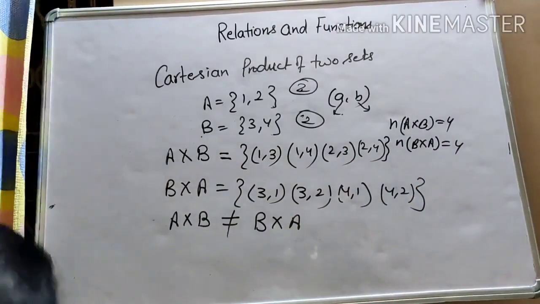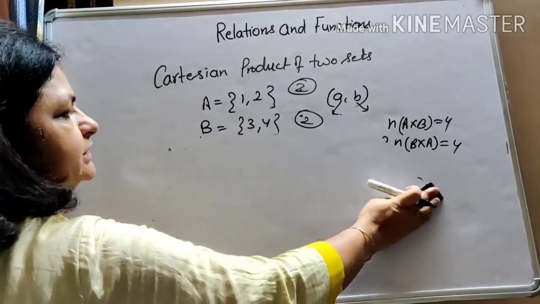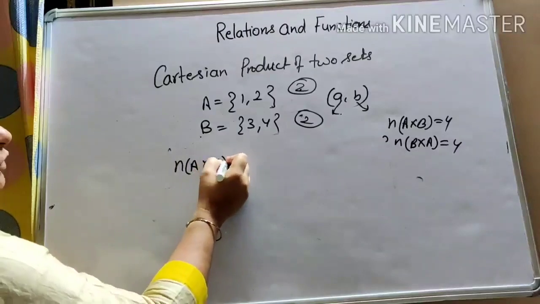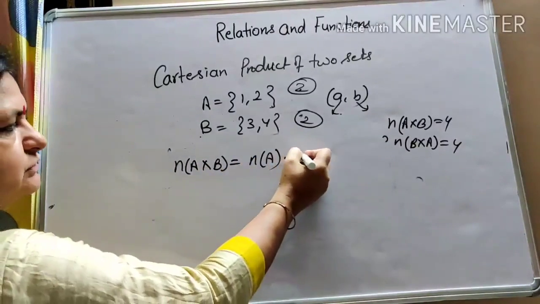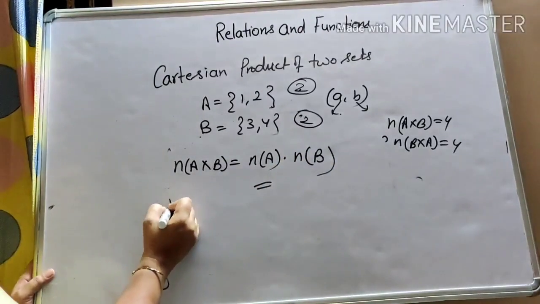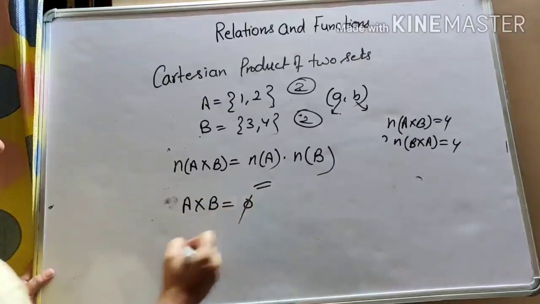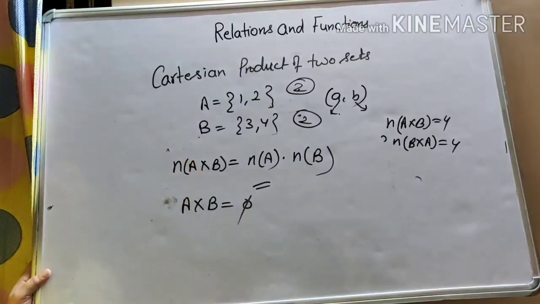So we can say the number of elements in the Cartesian product of A and B is always equal to the number of elements in A times the number of elements in B. If the Cartesian product is the empty set, it means either A or B is an empty set.